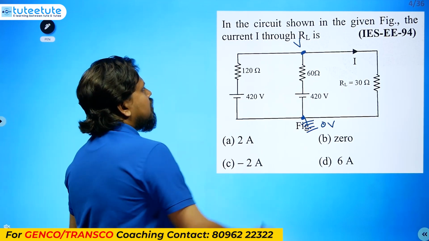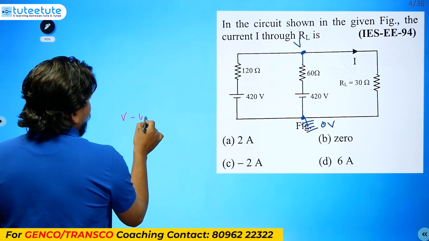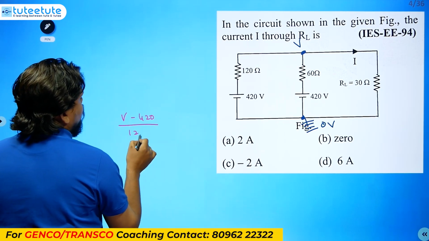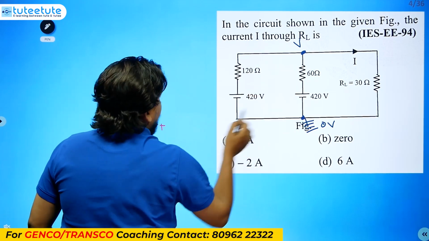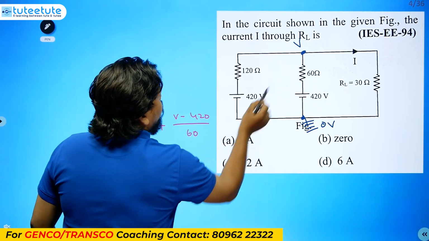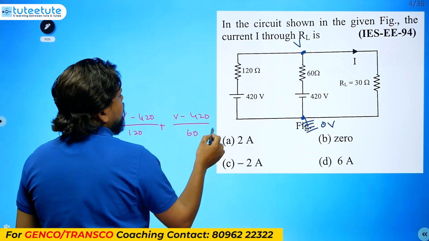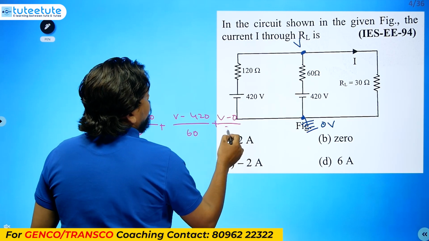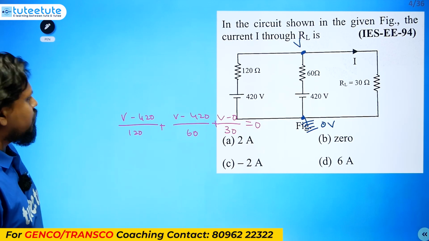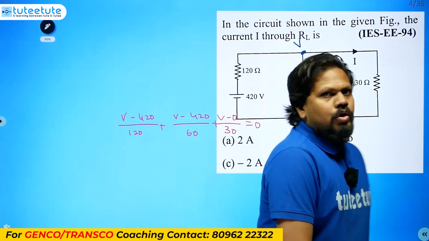Now we just apply nodal analysis: V minus 420 divided by 120, plus V minus 420 divided by 60, plus V minus 0 divided by 30, equals 0. This is the equation. If you solve this equation directly you will get the answer. This is using nodal analysis.